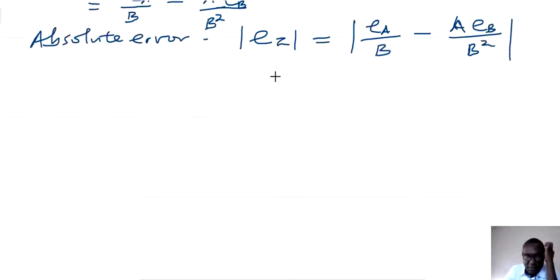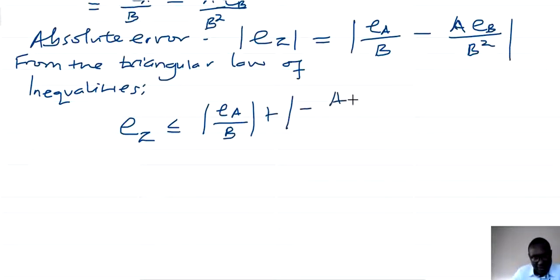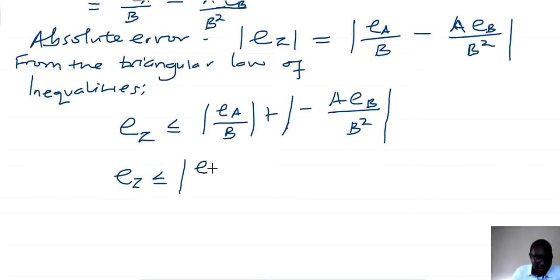So we bring in the triangle law of inequalities. We shall have error in Z less or equal to error in A divided by B plus negative A error in B divided by B squared, right? Error Z less or equal to this, magnitude signs absorb the negative. So we shall have error A divided by B plus we have A error B divided by B squared.